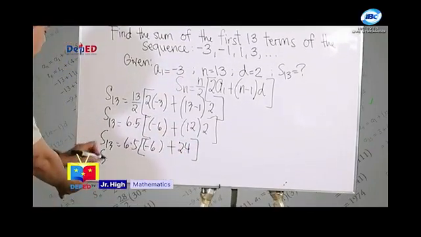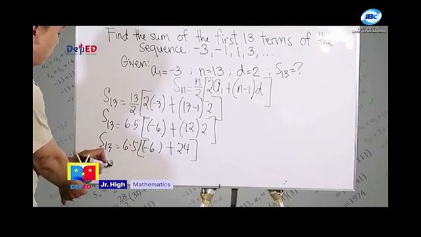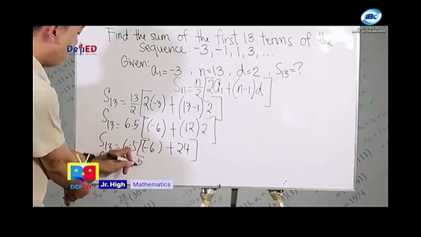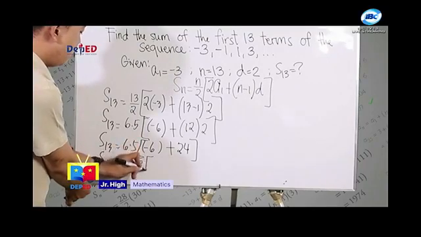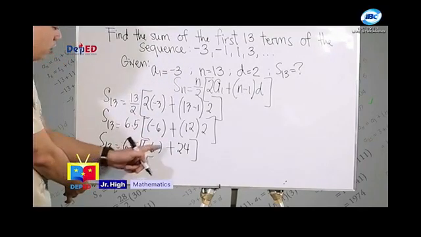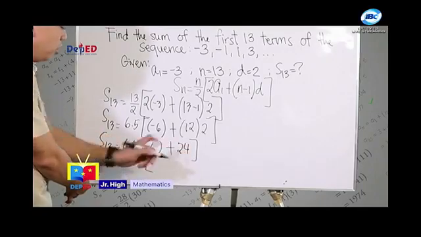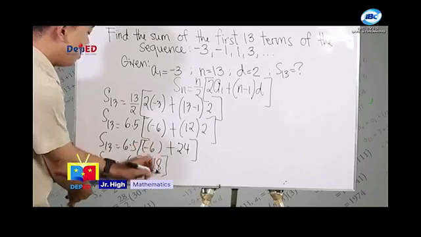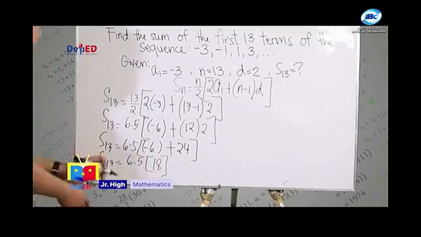Next, we have s sub 13 is equal to 6.5 times the sum of negative 6 and 24, which gives us positive 18. That's correct.